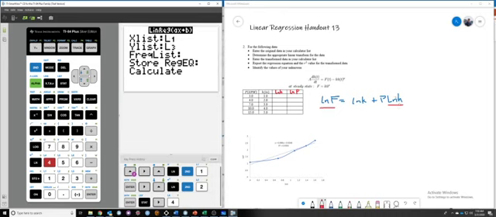And remember, Ln of h needs to be the x, because this is y equals mx plus b. So Ln of h needs to be my x list, and Ln of f needs to be my y list.